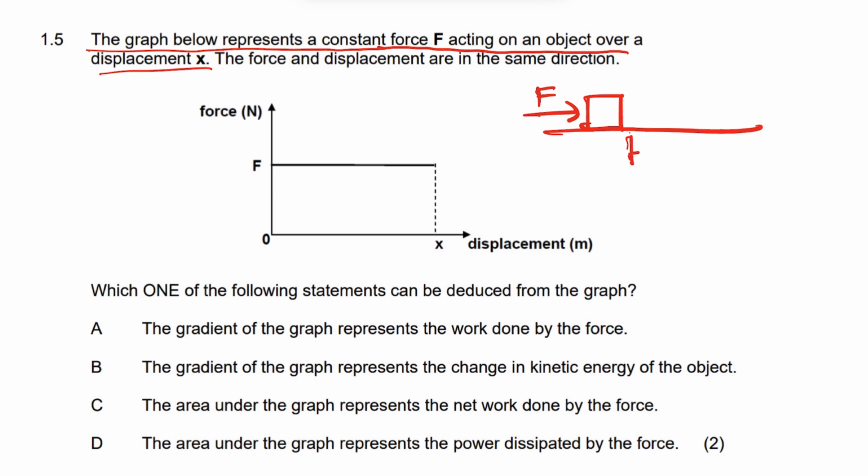You displace this object from here to here, this object of mass there. We're given the force and displacement graph in the same direction. This is the force and this is the displacement.